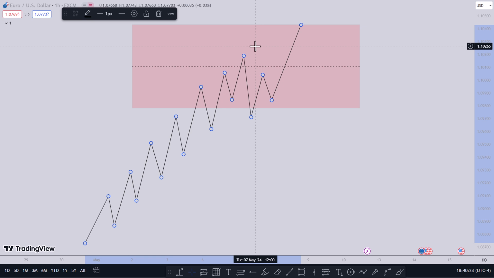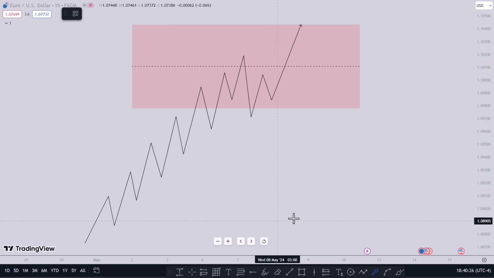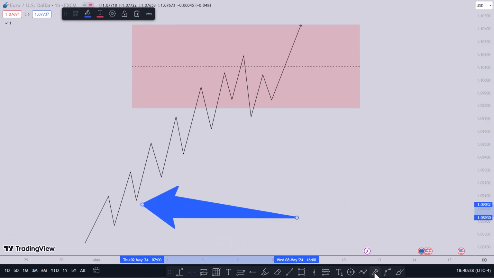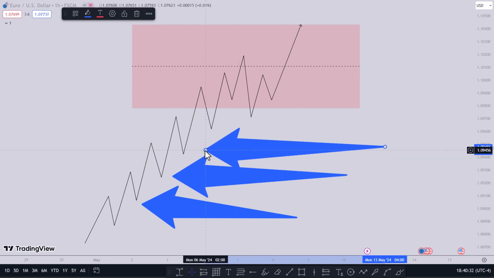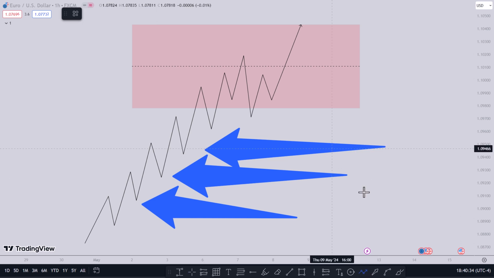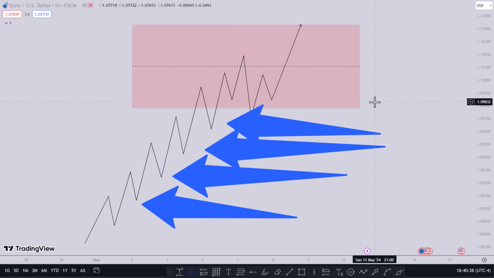But if you take a closer look at this, while we were waiting for this point of interest to get hit, we missed 1, 2, 3, and even 4 opportunities to buy.